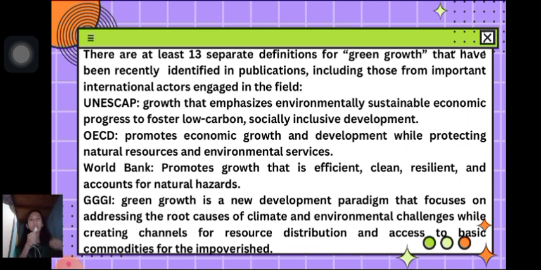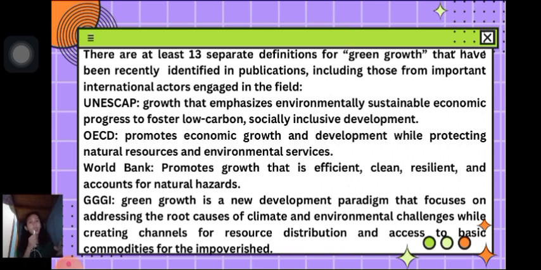So in GGGI, green growth is the new revolutionary development paradigm that sustains economic growth while at the same time ensuring climatic and environmental sustainability.